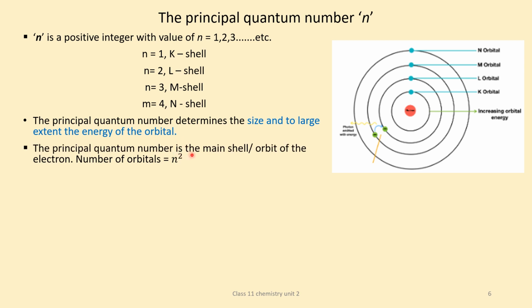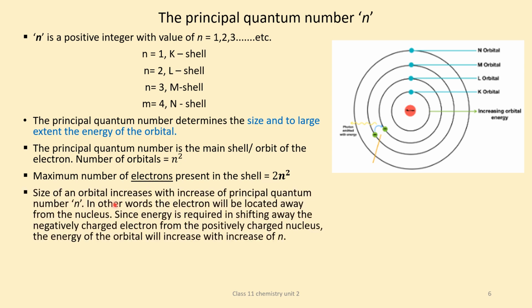The principal quantum number is the main shell or orbit of an electron. The number of orbitals, please note, orbitals, is equal to n square. The maximum number of electrons present in the shell is given by 2n square, where n is the principal quantum number. So the number of orbitals is n square, and the number of electrons is 2n square.